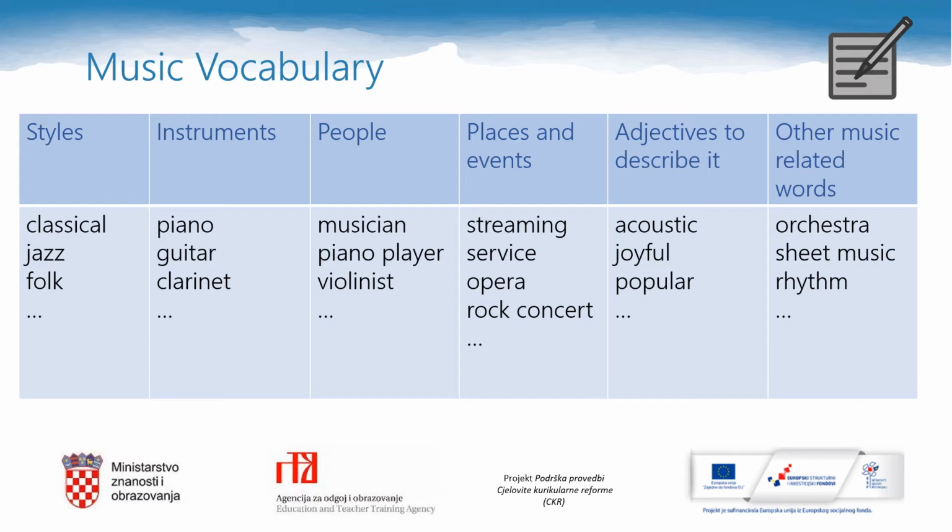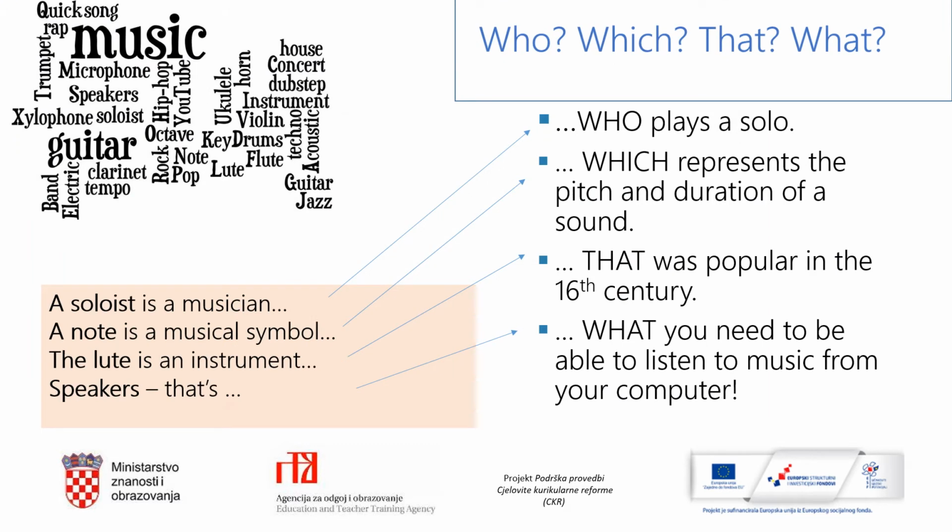Please copy this table into your notebook, read carefully the words in the table, and add at least one more word to each of the columns. The wordle in the top left-hand side corner of the slide will give you more words to talk and to write about music. Let's define some of these words.